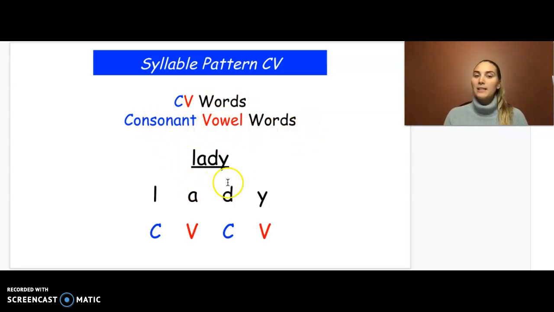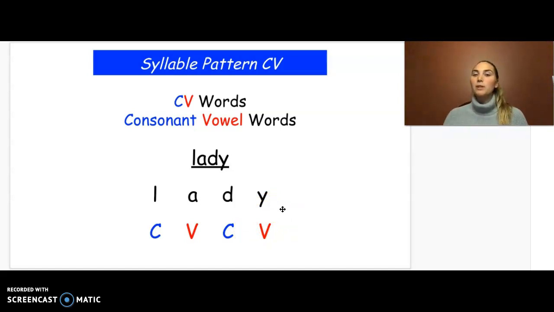If we look at this word lady, I see that lady has a consonant and then a vowel, and then a consonant and a vowel. Do you see the pattern, boys and girls? So our words today will have a CV pattern, meaning that they will go consonant, vowel, consonant, vowel. Sometimes they may even have one more consonant, but that will be how our words look today.